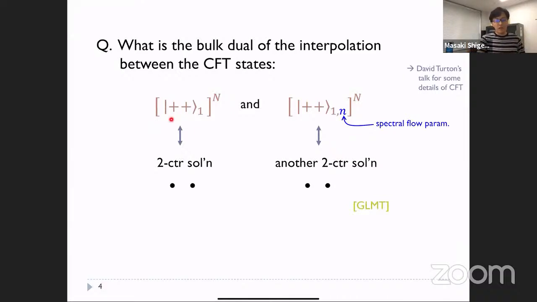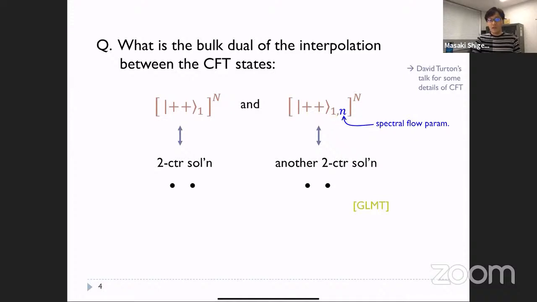And you have plus that you don't have to worry about at this point. These are some R charges. And this is known to be dual to some 2-center solution. So you have some 2 centers like this. And you want to interpolate between this state and some other state, which is plus 1 gamma n.